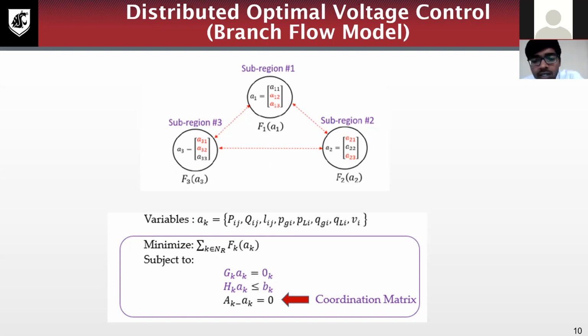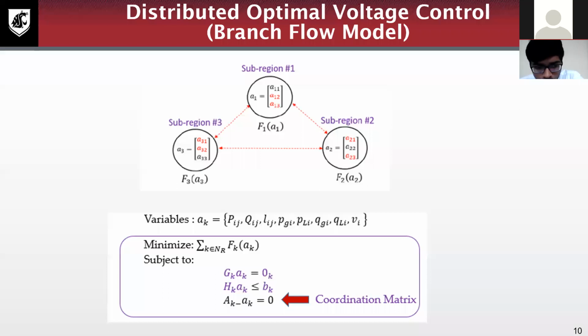We need it because suppose you divide the power system network into different subregions, and then the only communication that those subregions should have is the periphery end voltages or the periphery end power flows, right? So the coordination matrix will represent all the coordination that is happening between two neighboring subregions. The voltage in subregion 3 will have some relation with the voltage in subregion 1. The voltage in subregion 3 will have some relationship with the voltage of subregion 2. So all these things are represented in this coordination matrix.